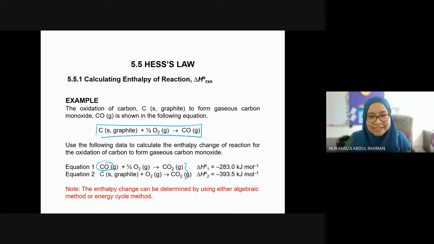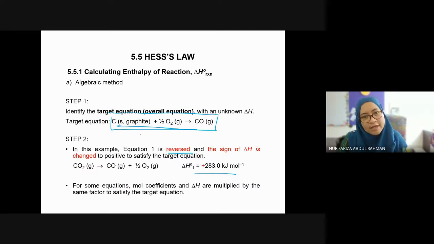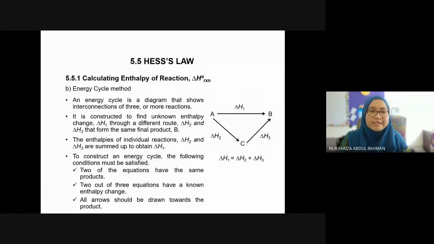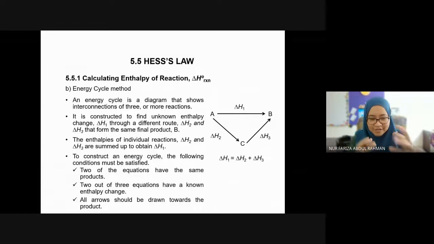Apa yang ada dekat sini ada dalam this our targeted equation. Dia tak boleh lah tiba-tiba nitrogen tambah oksigen jadi NO. Kan tak ada kena mengena dengan reaction ni kan. So tu tolak tepi lah. Dia mesti ada kena mengena. Therefore, we can have our energy cycle. We can construct ataupun we can manipulate so that it is all connected. So how do we do that?